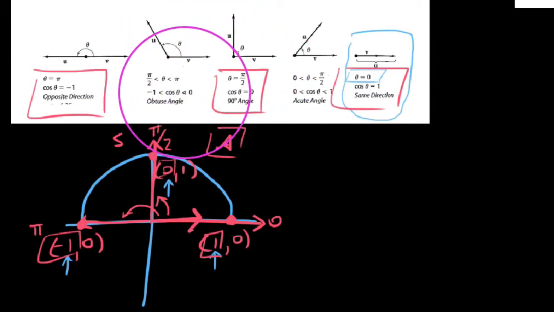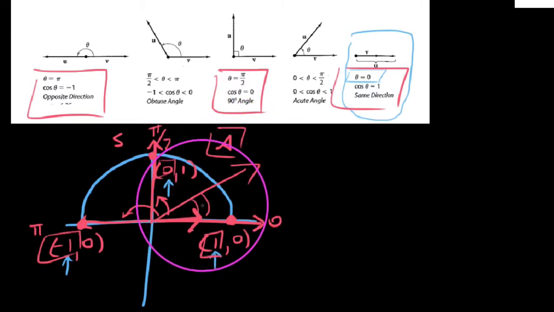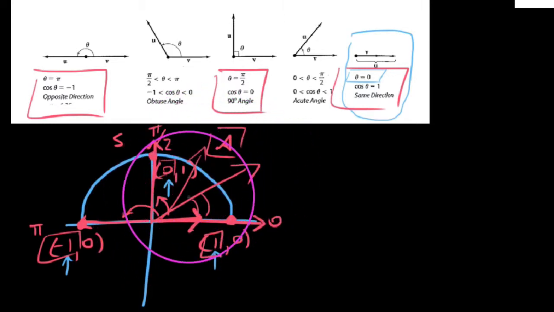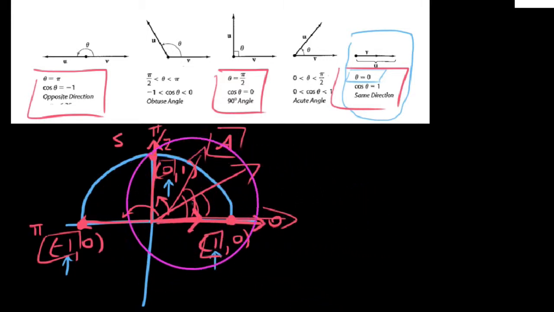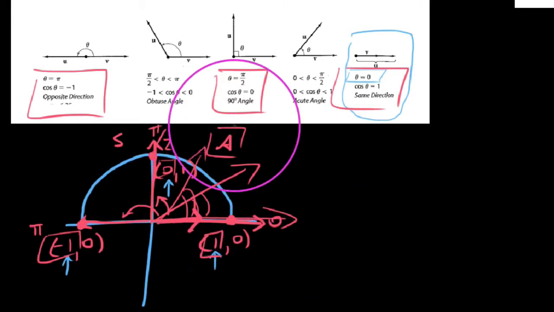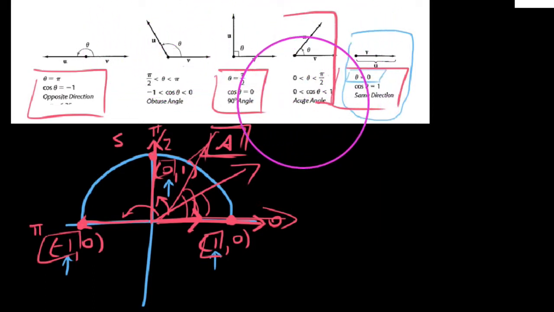But here's a pretty cool fact also. If the angle between them is acute, so that's somewhere here, my vector is in the first quadrant forming an angle with this vector here going in a 0 degree or 0 radian direction. If it's acute, then the cosine of this is going to be positive. So here's what I want to get at: if the dot product of two vectors is positive, then the angle between them is acute. And that's exactly what this says here.